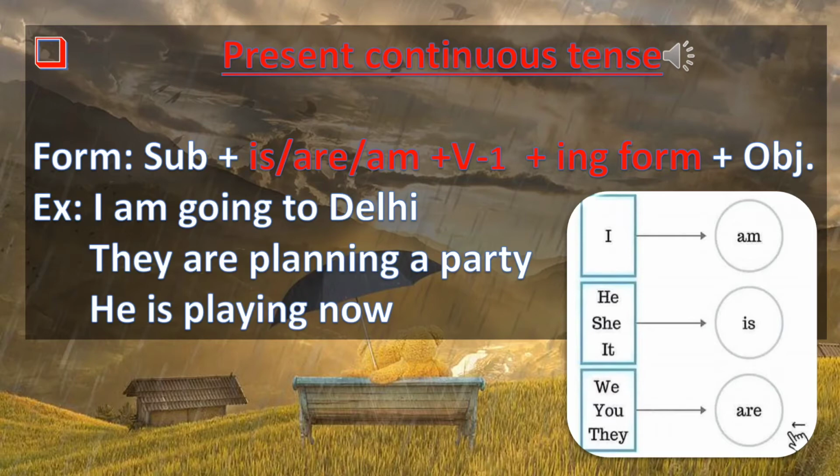See, am is used along with I, is is used along with he, she, it, and are is used along with we, you, they.